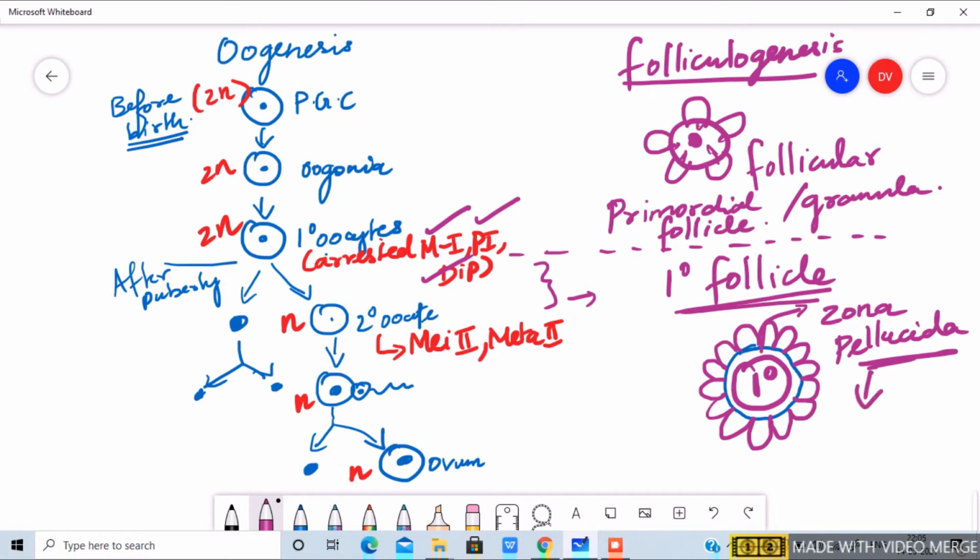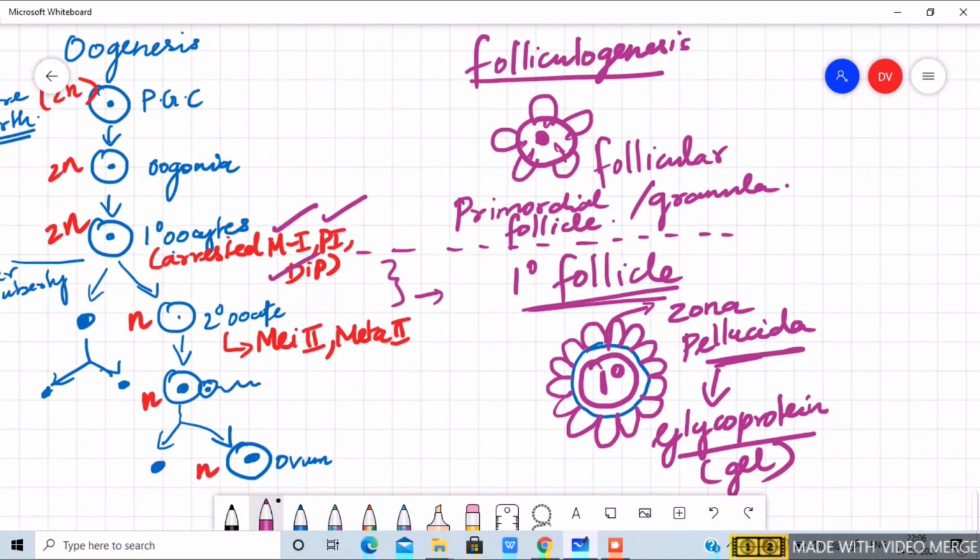It is rich with glycoproteins, so it is a gel-like layer, right? That is surrounding the primary oocyte, and it is surrounded by one complete layer of granulosa cells. Understood, guys? The primary follicle? Now, the secondary follicle.